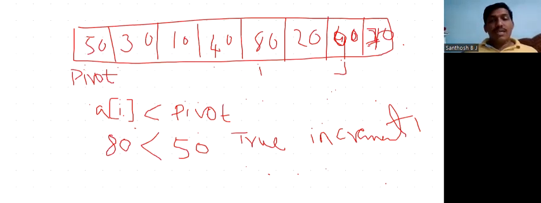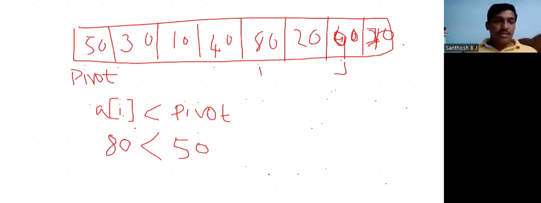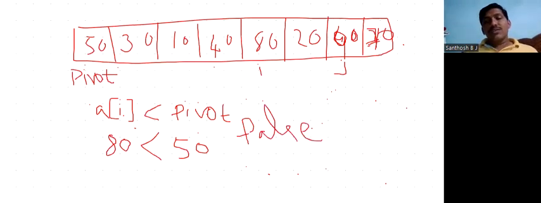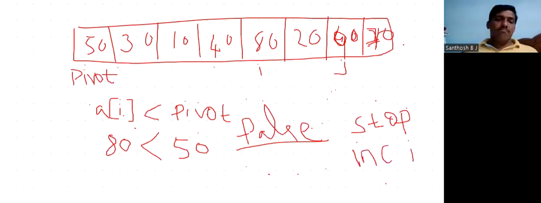The condition is false here, not true, false. The condition is false because 80 is greater than 50, it does not satisfy the condition. So this is false, and you stop incrementing the I value. Okay, stop incrementing I. One condition is over.